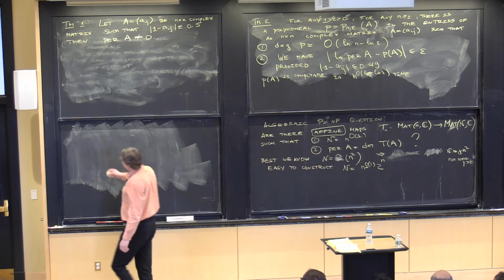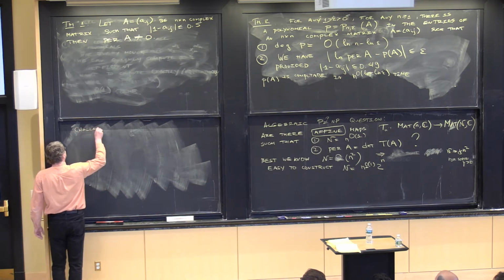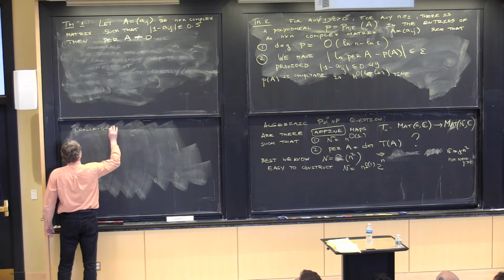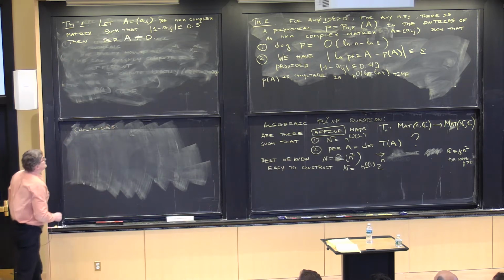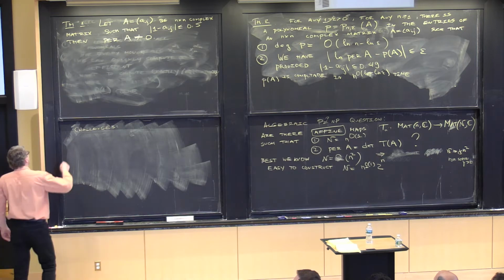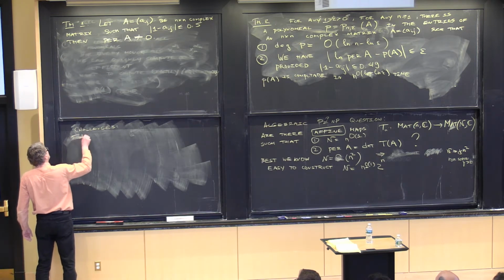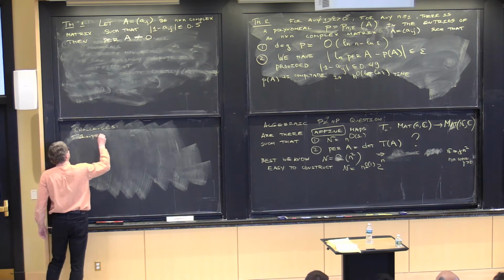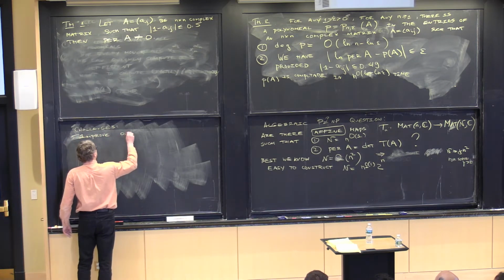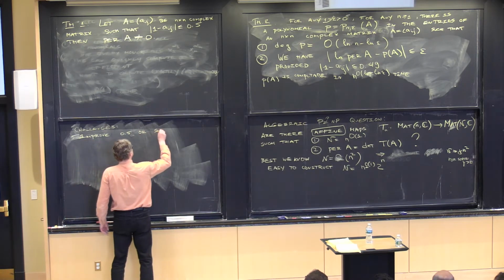But by tomorrow, I can also post challenges. So one challenge is I have no idea if the constant 0.5 is optimal. So find, or improve, rather, improve 0.5 or show it's optimal.